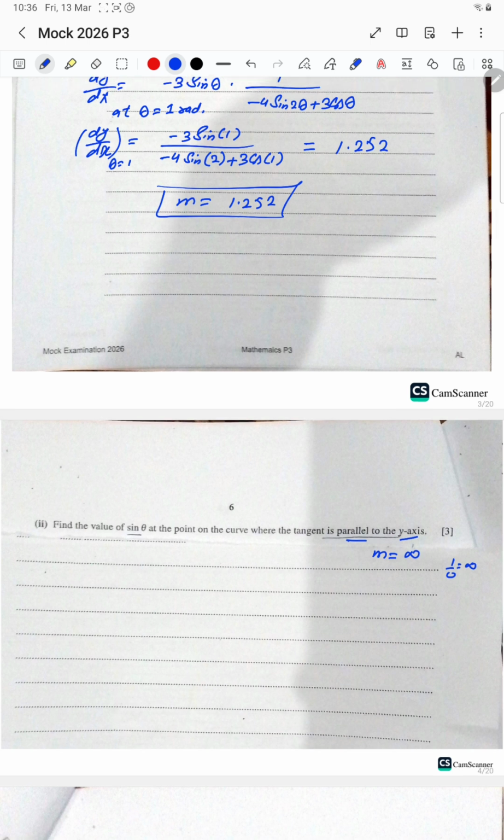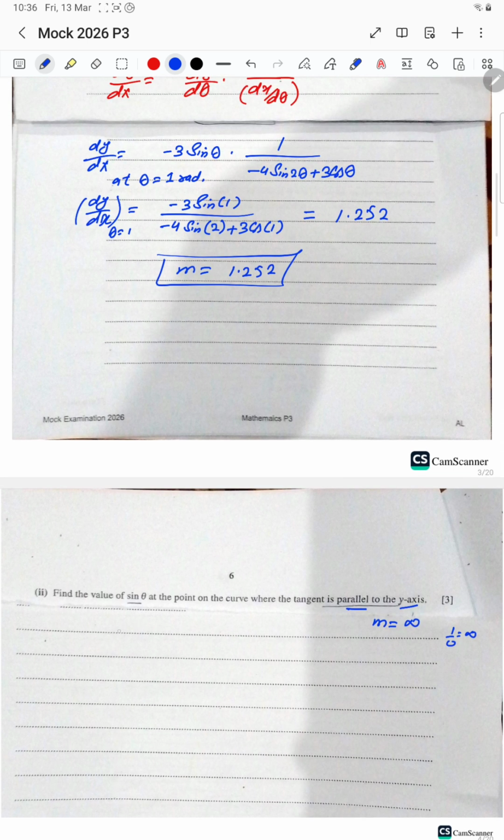My gradient dy by dx was minus 3 sine theta over minus 4 sine of 2 theta plus 3 cos of theta, that is undefined, that is 1 over 0, because the parallel condition says the gradient of both should be the same.